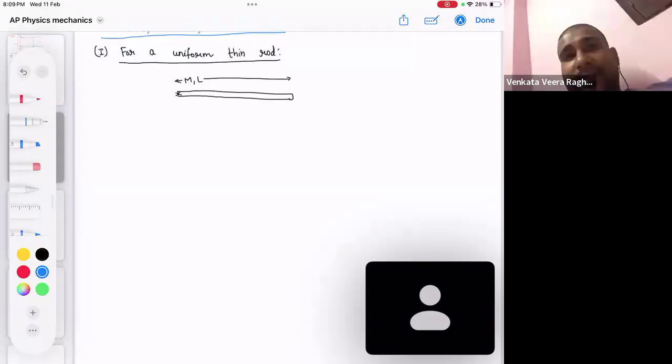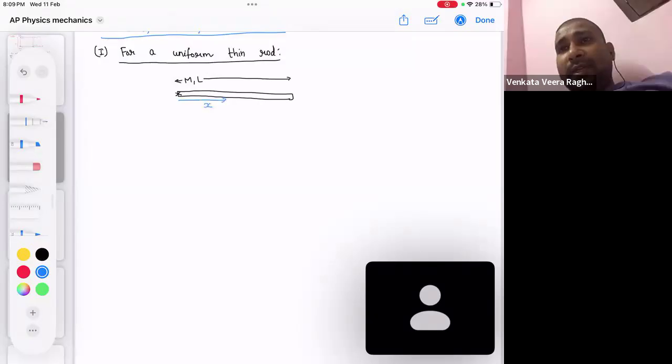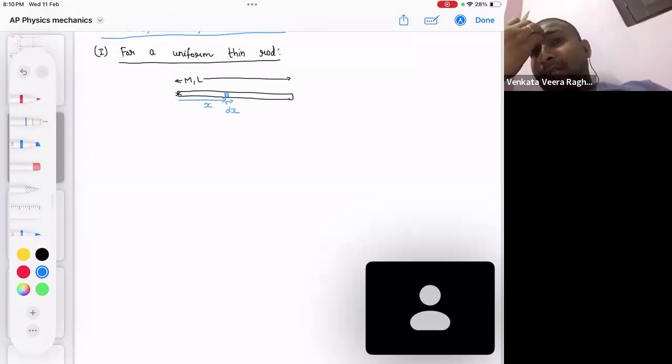How do we calculate it? First of all, should I consider an element? It's a linear rod, so I'm going to consider a small element of length dx. Now what is the linear mass density of the rod? If we define lambda as the linear mass density, it means mass per unit length.